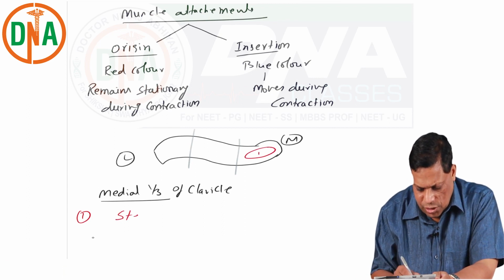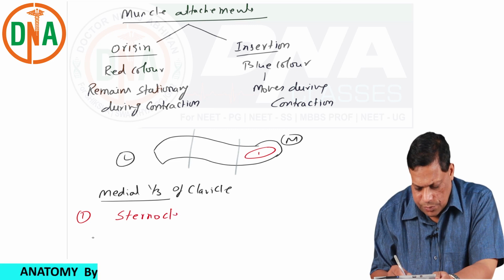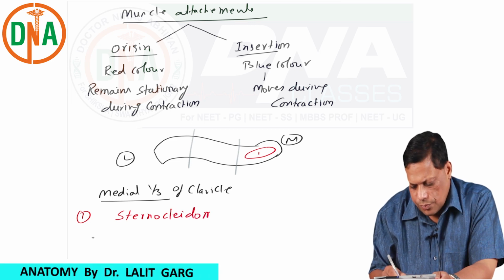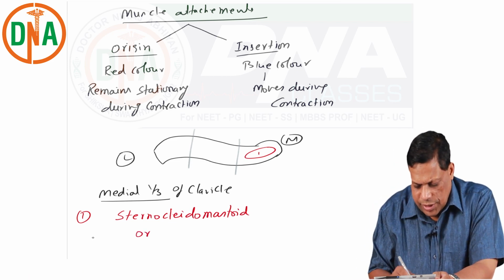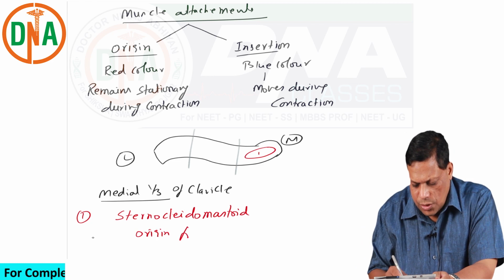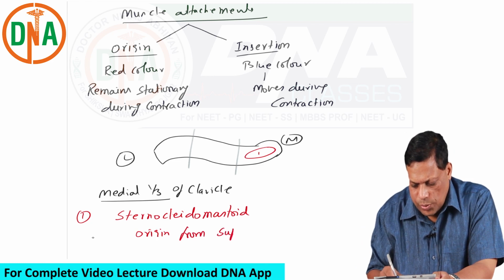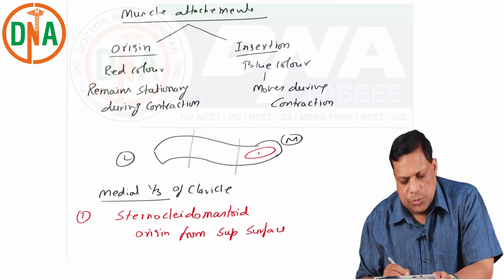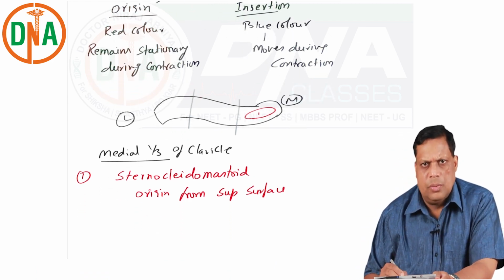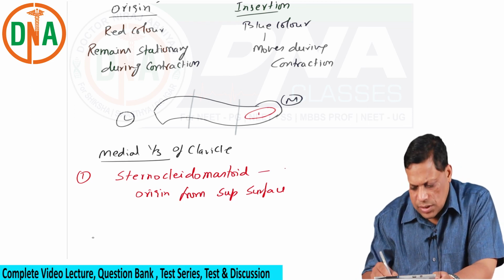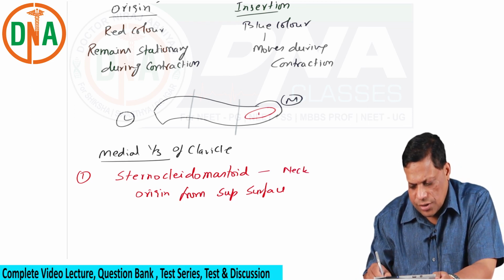So the first muscle is sternocleidomastoid. This muscle takes origin from the superior surface of the medial 1/3 of clavicle. This is the muscle of the neck region.